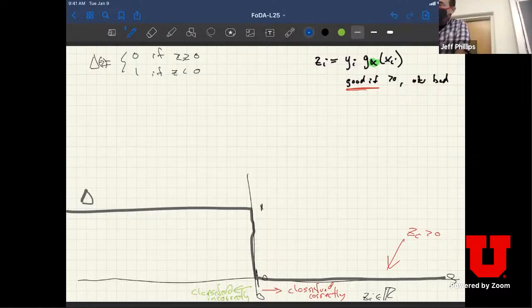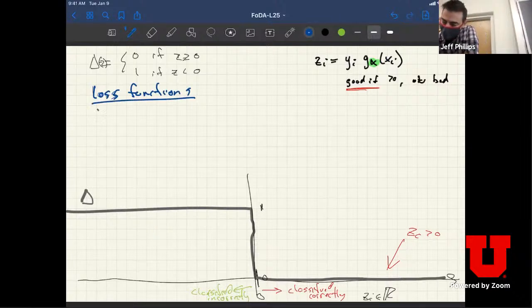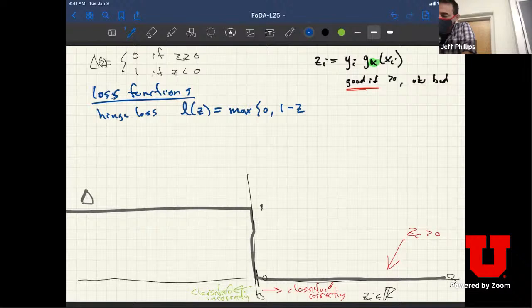Okay, so let's start with the most common loss functions. There are a bunch of choices here. The most common one is called the hinge loss, or at least the simplest first one we're going to talk about. And that's going to be L of z equal to the max of 0 and 1 minus z.